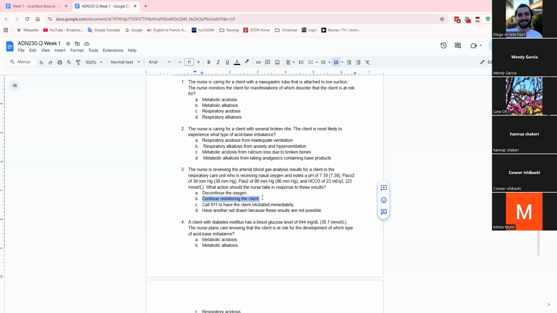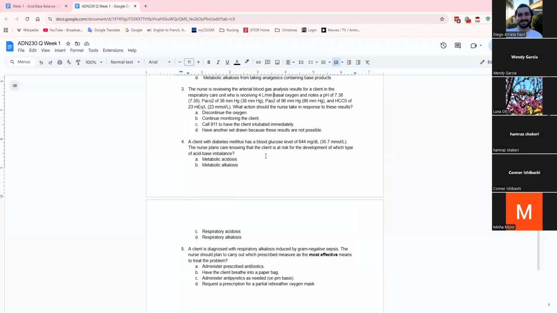You would only ever discontinue if you've determined it's safe to titrate down. So it would be a titration. Maybe I could specify that they're getting 4 liters per minute. So you're not going to go from 4 to 0. You're going to titrate down. Maybe go to 3.5. How do they tolerate that? Go to 3. How do they tolerate that?